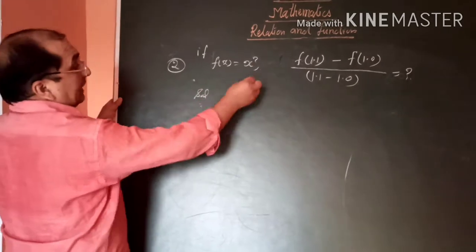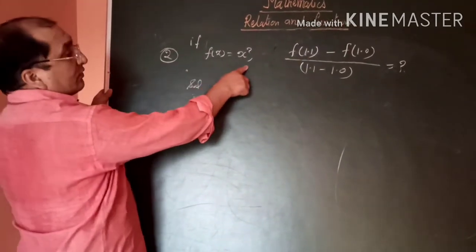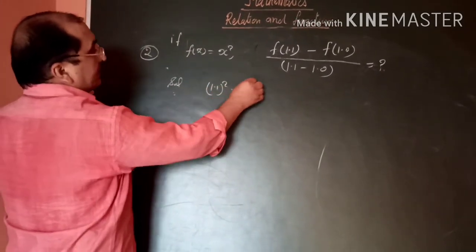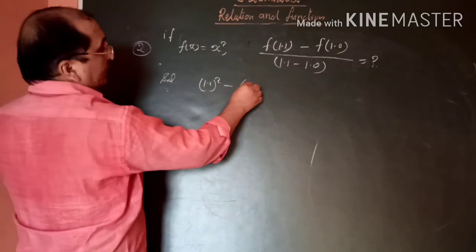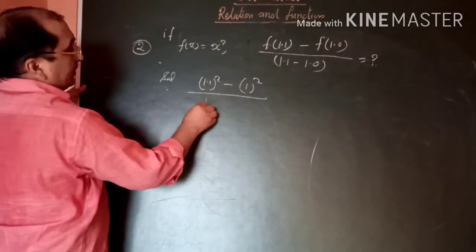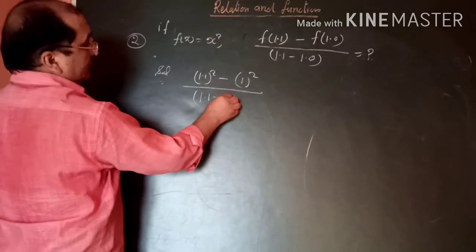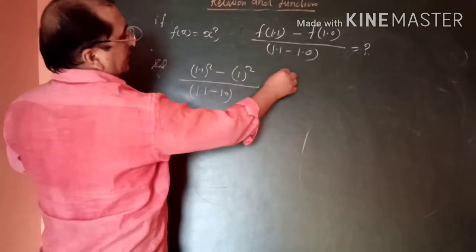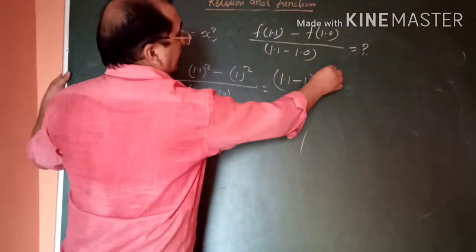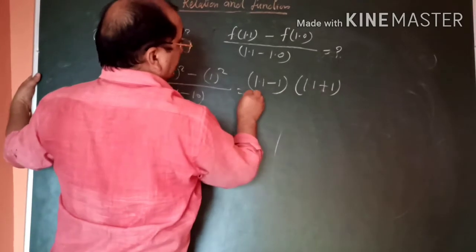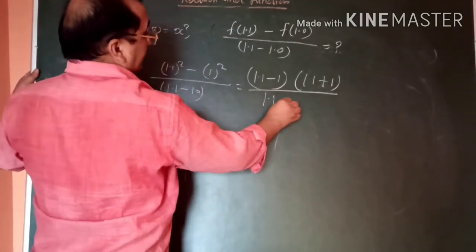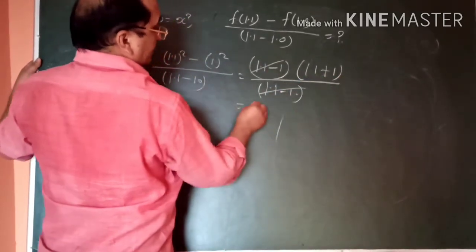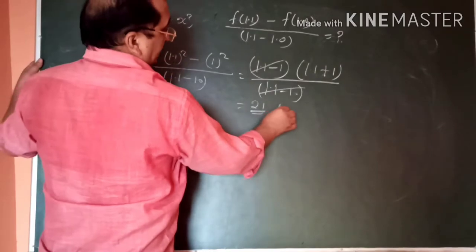Solution. f(1.1) is 1.1 square, minus 1 square, upon 1.1 minus 1. Here we can apply a square minus b square directly: (1.1 minus 1)(1.1 plus 1) divided by (1.1 minus 1), and this will cancel. 1.1 plus 1, that is 2.1 is the answer.